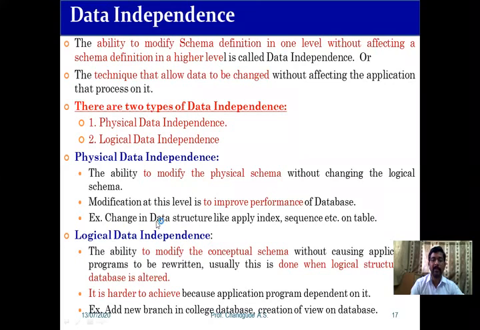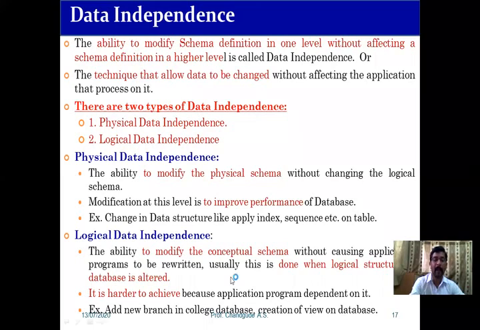Usually this is done when the logical structure of the database is altered, means we are trying to make a change in that particular logical schema or conceptual schema without causing application programs to be rewritten.